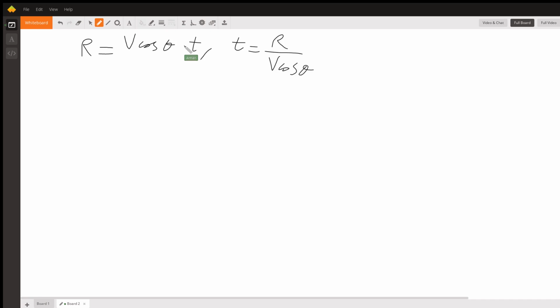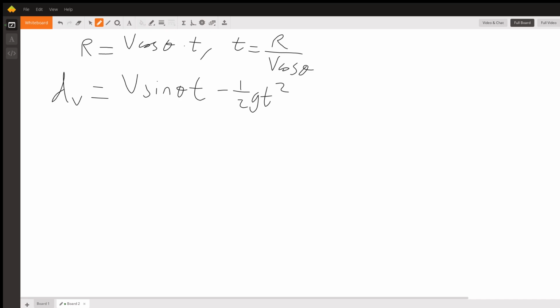And then let's look in the vertical direction. d_v equals V initial in the vertical, which is V sine theta, times t, minus 1/2 g t squared. That's just your general distance formula, where you plug in g for the acceleration, your negative g.